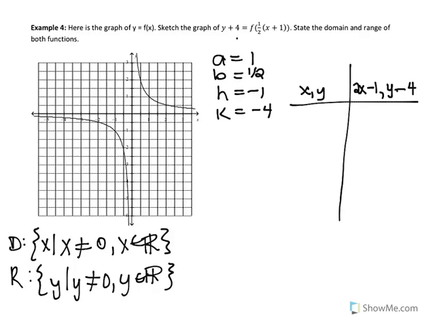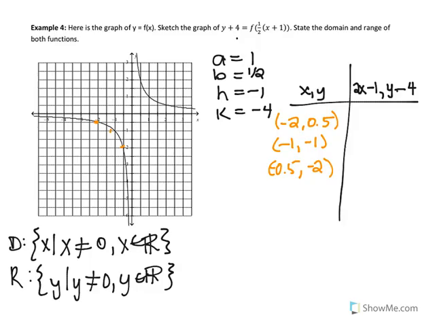So let's look at some points here. This looks like a good lattice point. So negative 2 and 0.5. It also looks like we have negative 1 and negative 1, sorry. And 0.5 and negative 2.